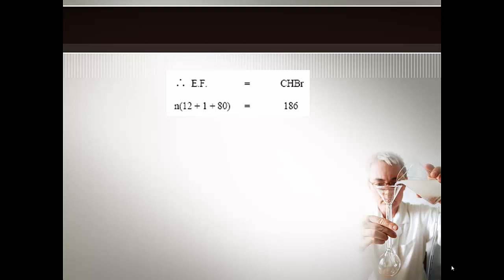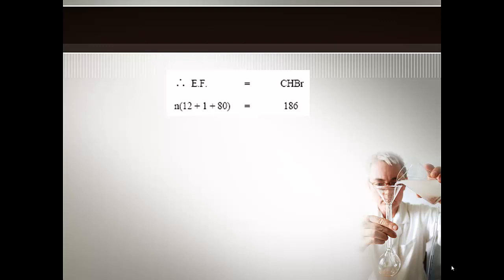If you get a carbon and a hydrogen and a bromine, 12 plus 1 plus 80, well, hang on a minute, that's not 186. 12 plus 1 plus 80 is not 186, but n times 12 plus 1 plus 80 will be 186. What is n? N is the number that we have to multiply throughout to get our molecular formula.